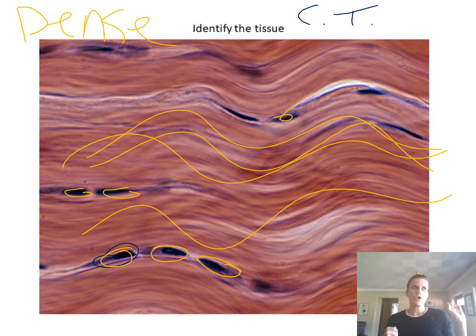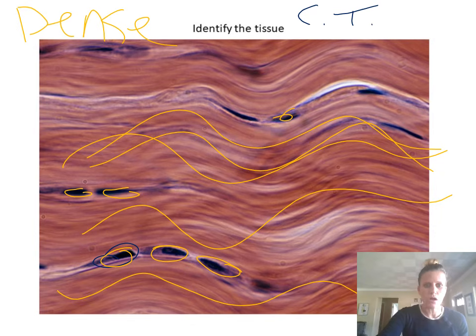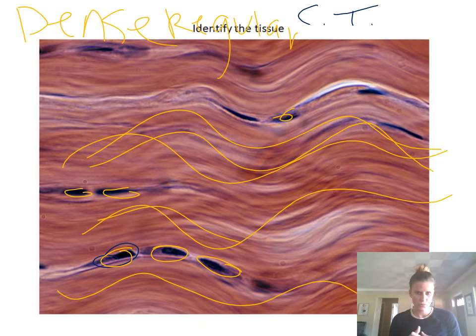The other one we saw was dense, irregular connective tissue, where the collagen was going in all different directions. This collagen is organized, all in the same direction. So this is dense, regular connective tissue. The cells are sandwiched between all of the collagen, and the collagen's all going in the same direction.